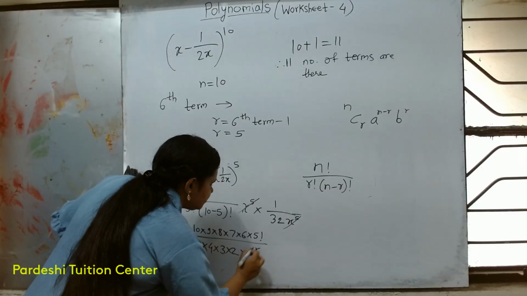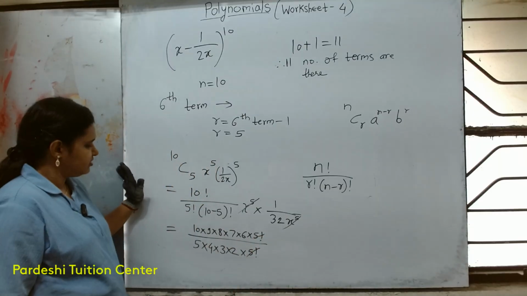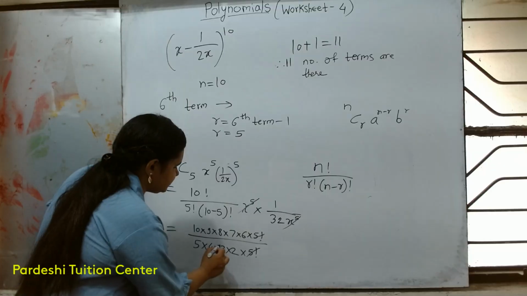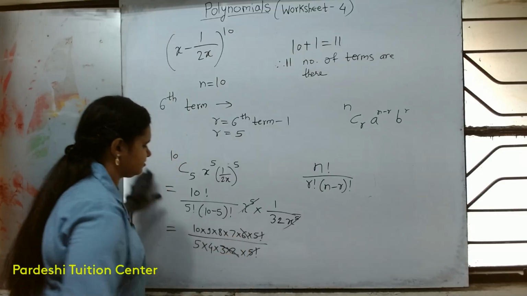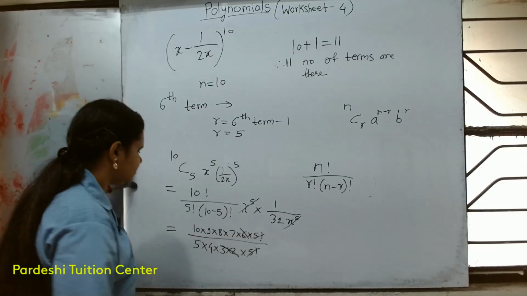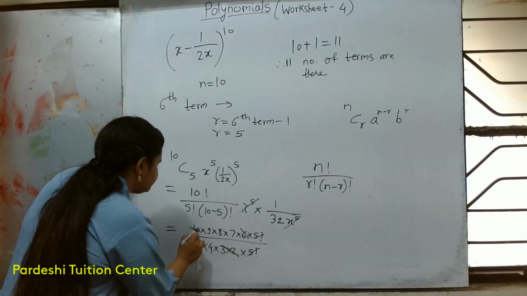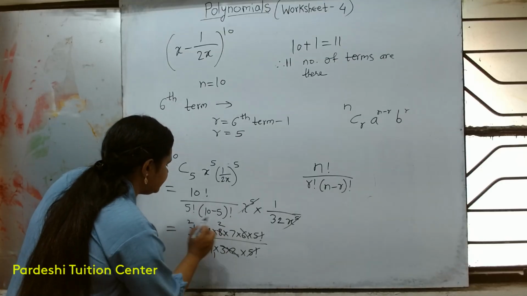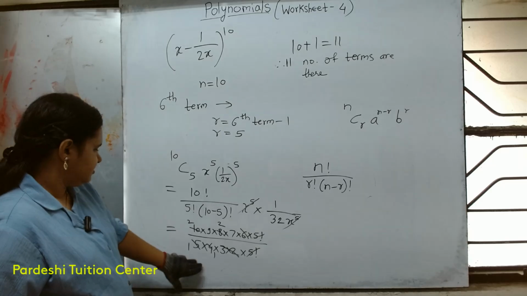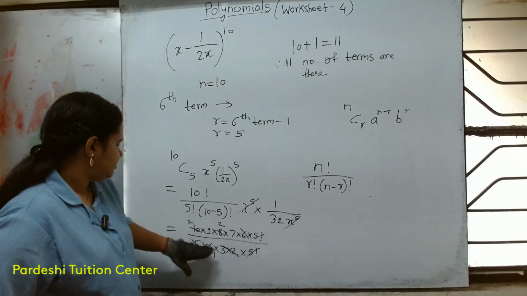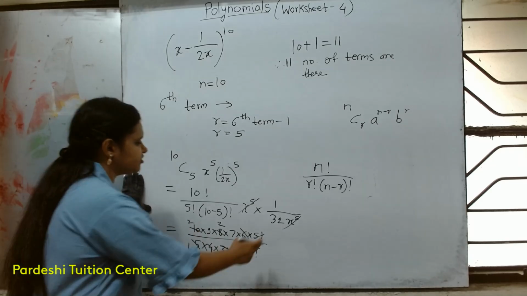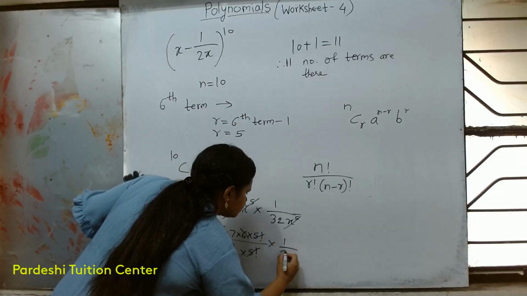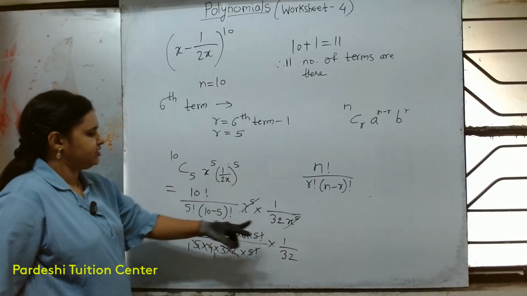So I can cancel 5 factorial and 5 factorial. So what is remaining? 3 2s are 6. This 6 will get cancelled with this. Now 5 1s are 5, 5 2s are 10. Now 4 1s are 4, 4 2s are 8. Now what is remaining? In the denominator it is 1, and in the numerator here it is also 1 upon 32. This is 1 upon 32.